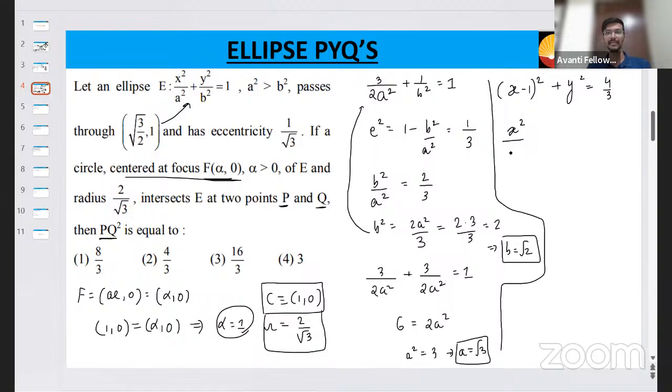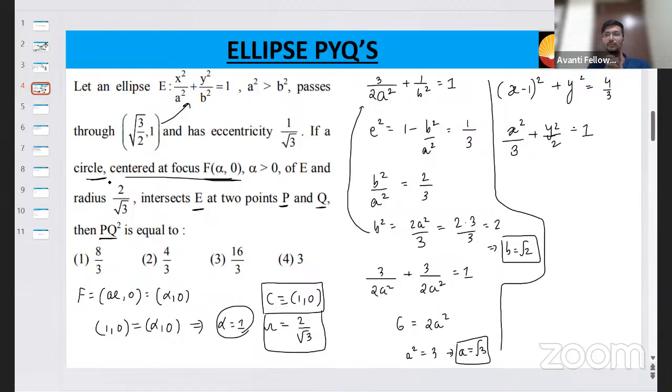X square upon A square plus y square upon B square is equal to 1. Correct? What is given here? That the ellipse E intersects the circle in 2 points. So P and Q are points of intersection of the circle and ellipse. That means we have to solve both of these equations simultaneously.